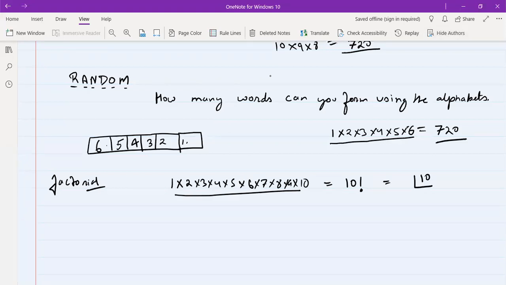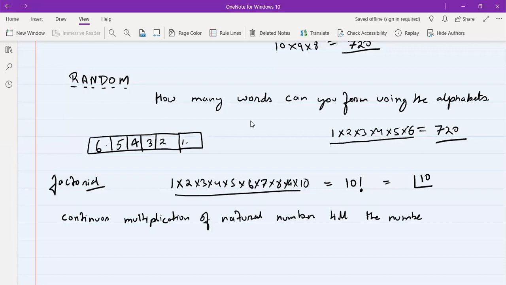So what is factorial? It is continuous multiplication of natural numbers till the number n, which is your required number.